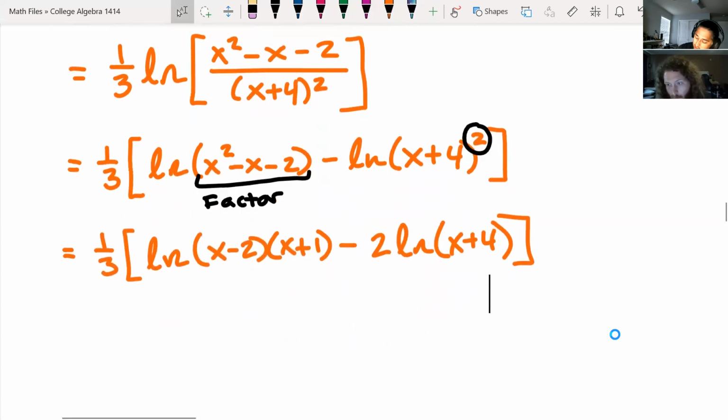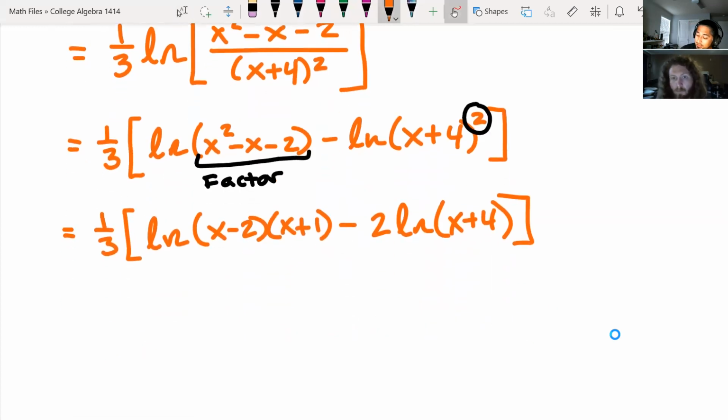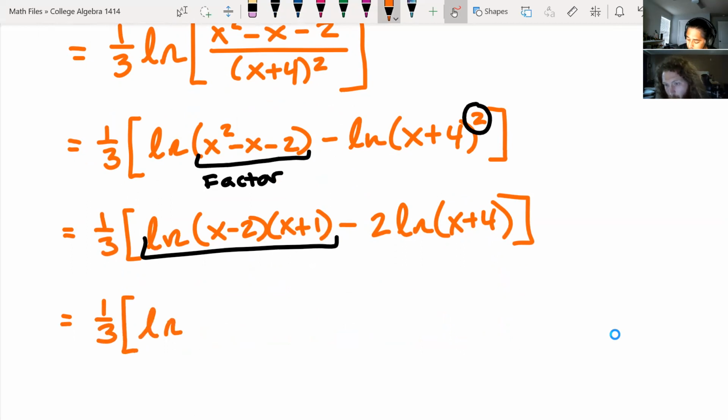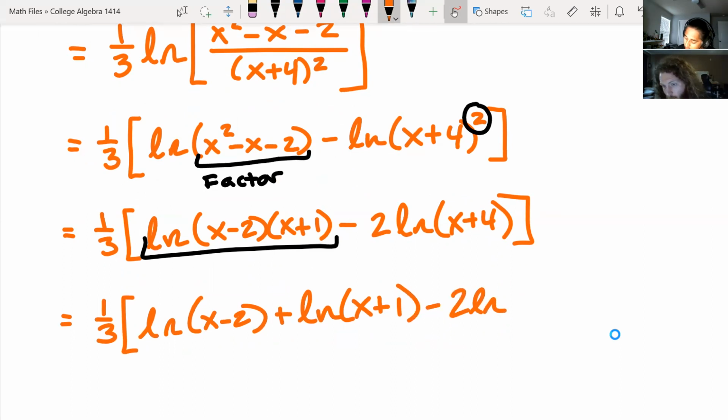All right, almost there. Because now, since we factored that, we have to expand this logarithm by the product to sum rule. So we're going to get 1/3 times the natural log of x minus 2 plus the natural log of x plus 1 minus 2 times the natural log of x plus 4. And now this is completely expanded.